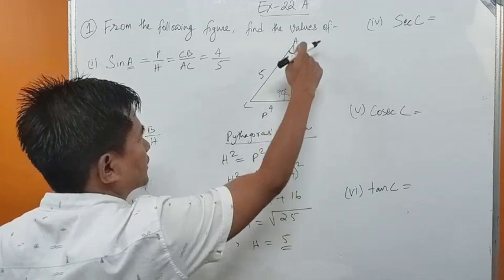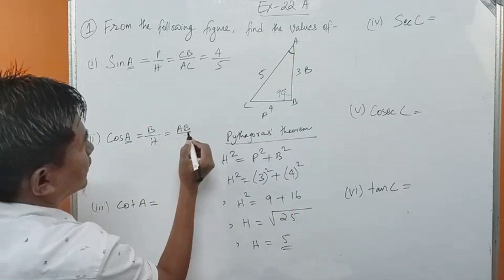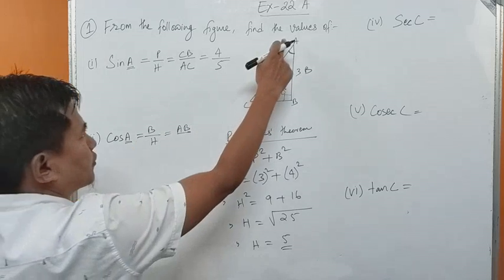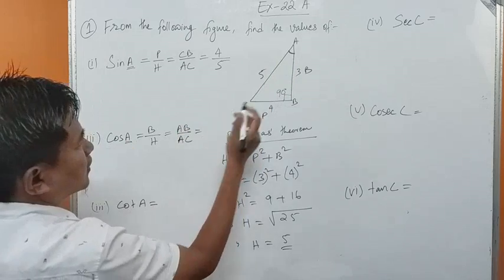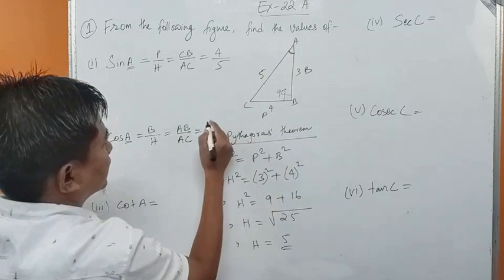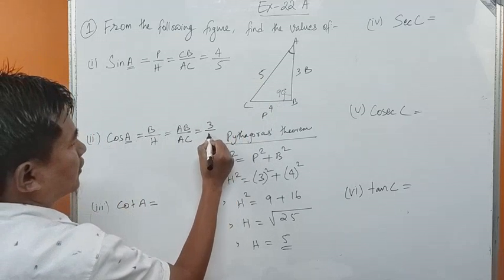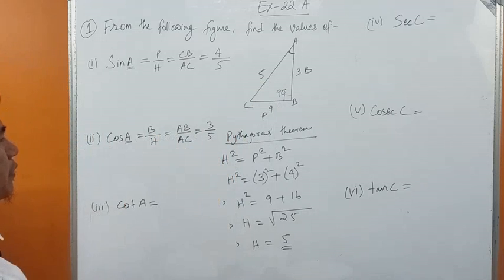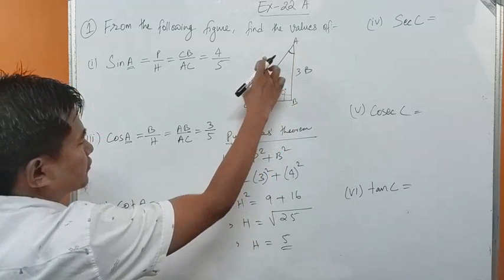AB by hypotenuse AC. AB is 3 and hypotenuse is 5. So 3 upon 5. Base is 3 and hypotenuse is 5.